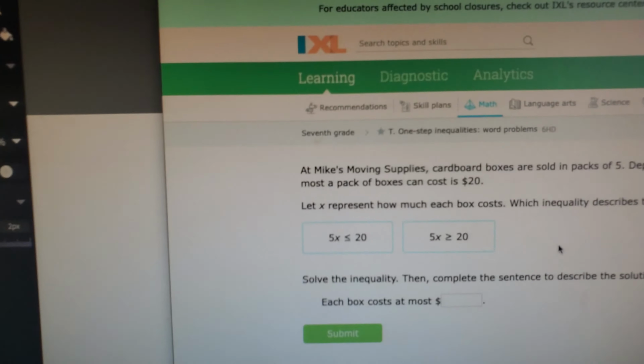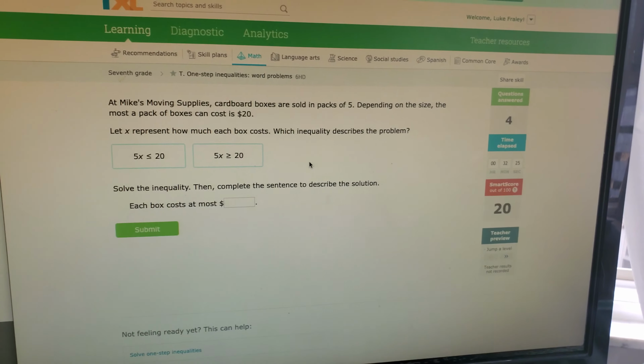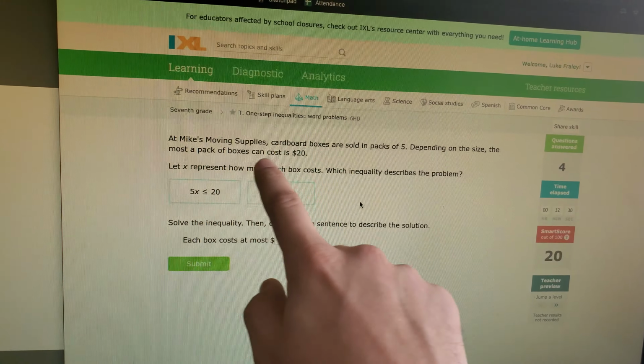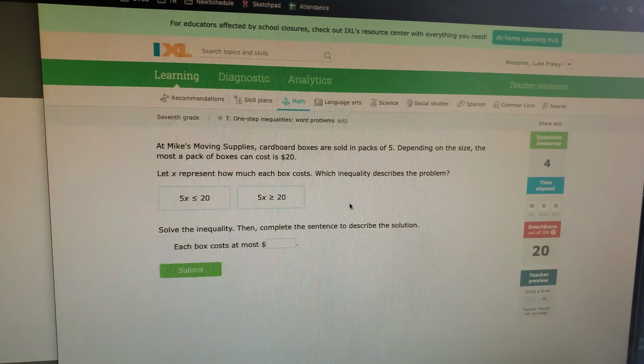Hey, another thing to try and help you out. So, looking at the IXL problem. If we look at this problem right here, it says depending on the size, the most a pack of boxes can cost is $20. The most. Remember what we talked about earlier in this video. The most means what?